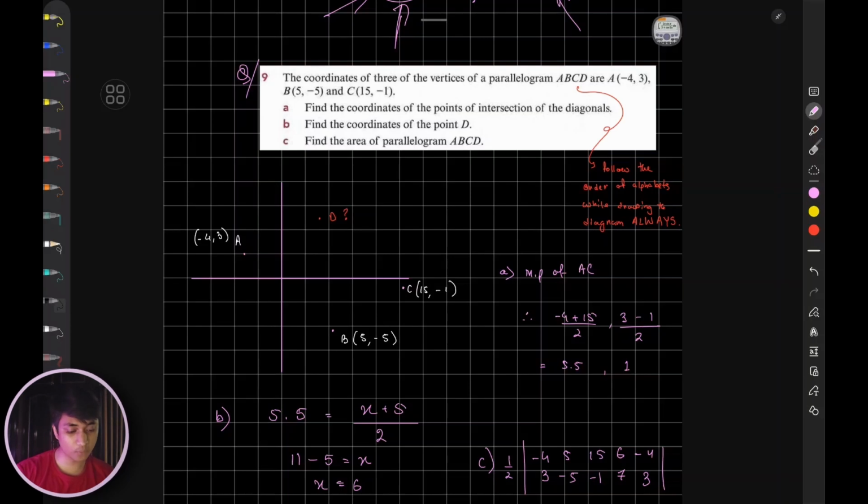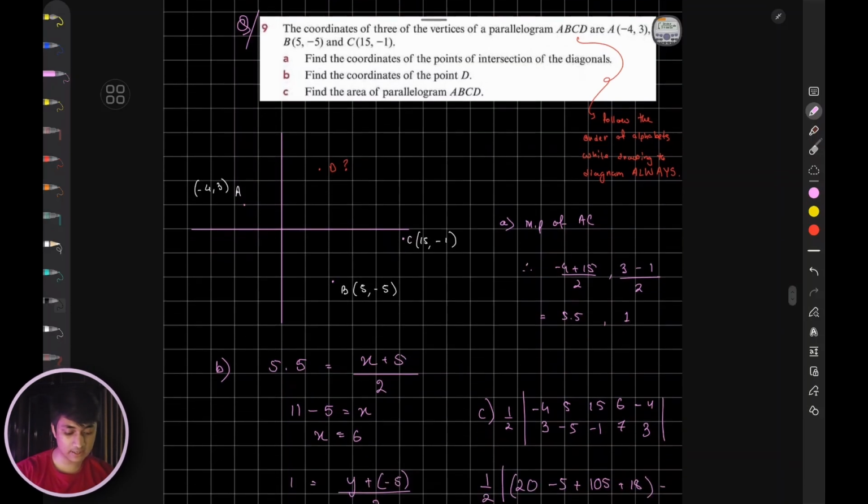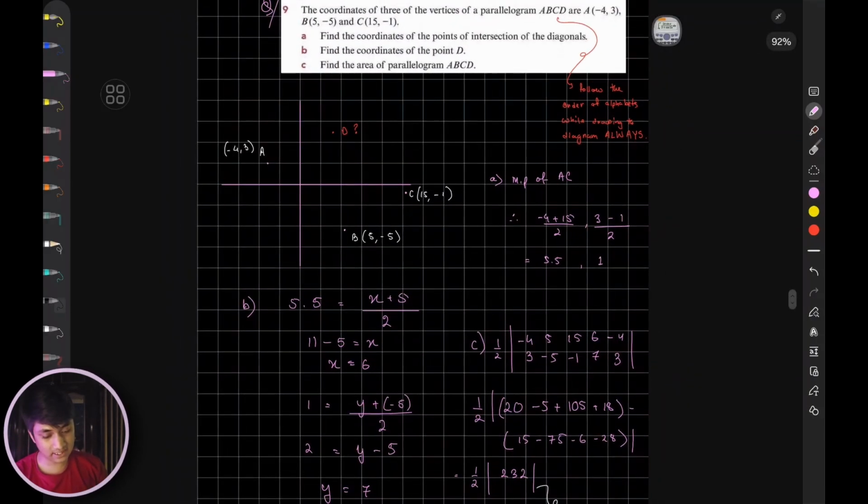Find the coordinates of point D. How do you do it? Very simple. We just discussed this in the last question. You're going to use the midpoint formula. So the midpoint of AC is also going to be the midpoint of DB. So use that idea and say, I know the midpoint of DB, but I need to find the coordinate of D. So the X midpoint is going to be 5.5 as over here.